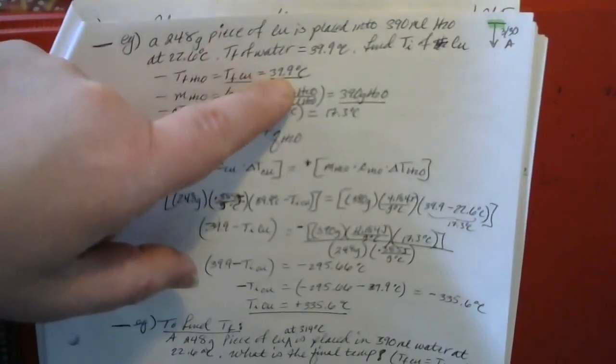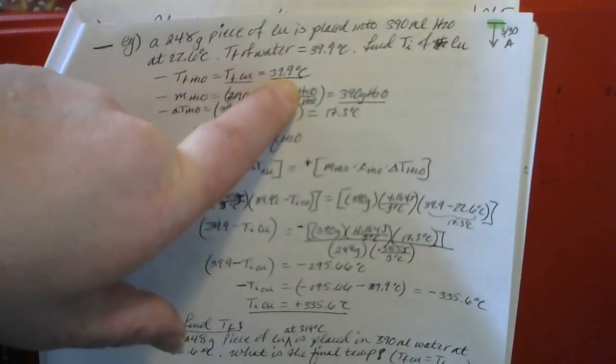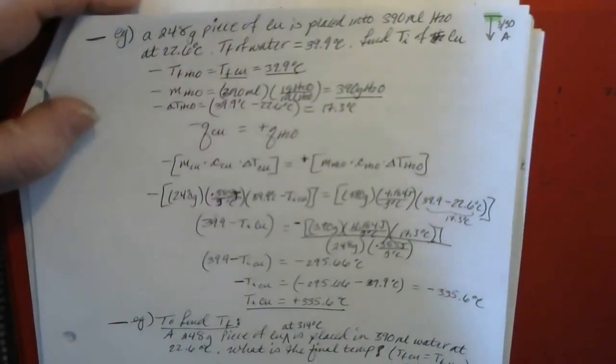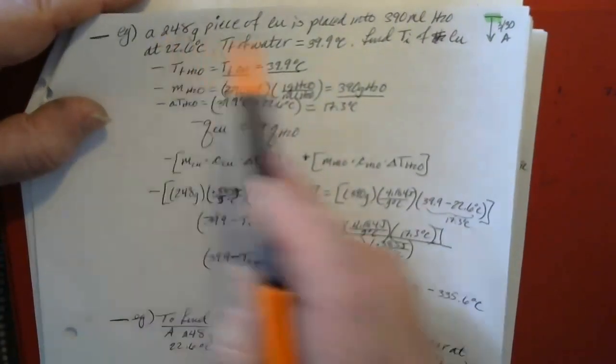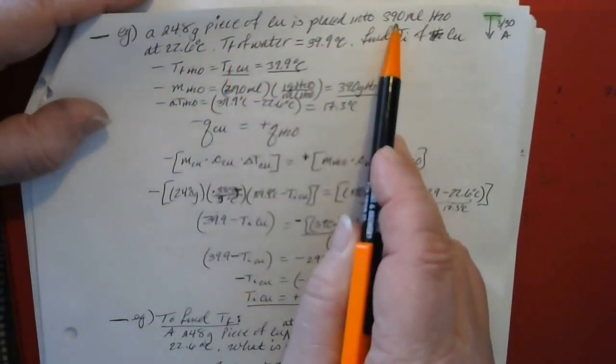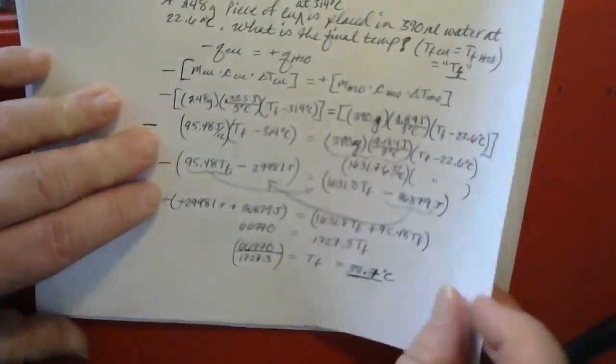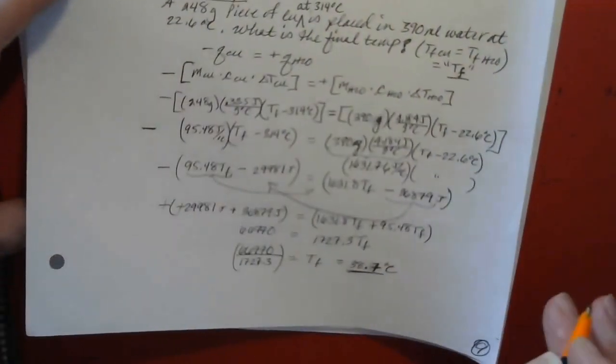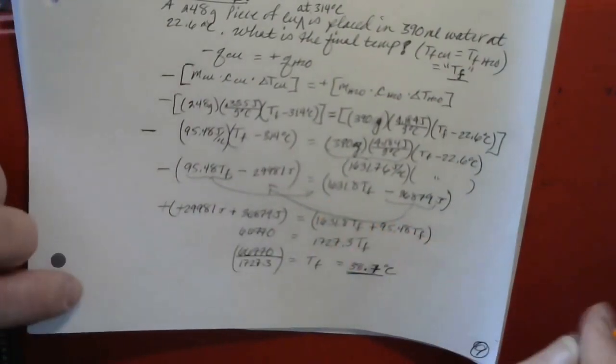And it is, 38.7 versus 39.9, a little bit less, because we were using the same size piece of copper and the same amount of water. So that's why you can compare these two problems directly. You start out at a slightly lower temperature and you end up at a slightly lower temperature. So that makes sense.